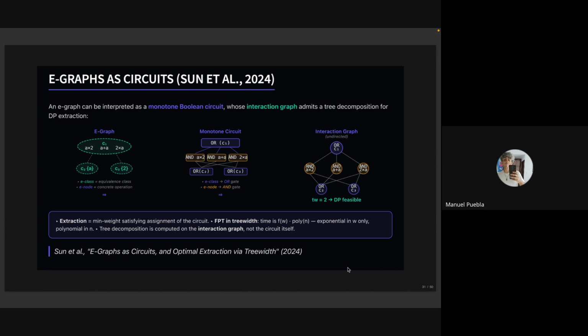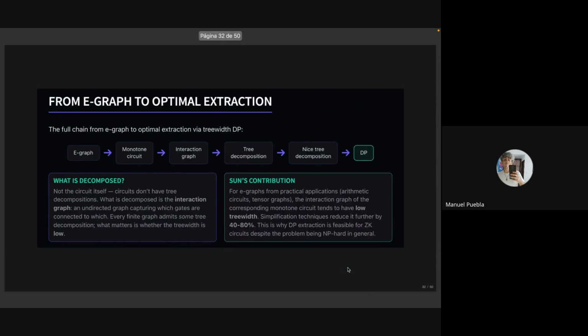So the compute time for this is polynomial in n, and it's only exponential in the tree width. So the tree decomposition for us will work. In summary, the full chain from e-graph to optimal extraction will go pretty much like this.